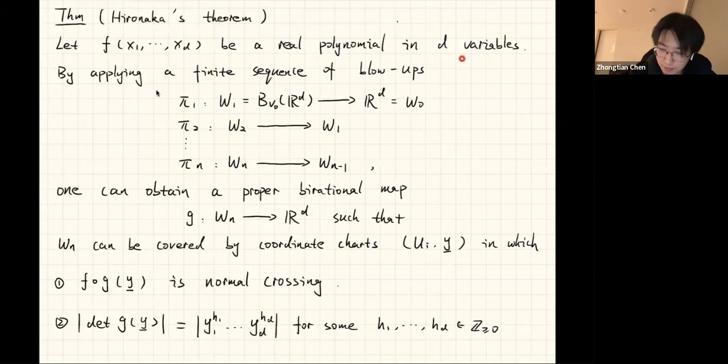Now it's time to introduce Hironaka's theorem, which is the resolution of singularities. Again, we take a polynomial in d variables. Then we can apply a finite sequence of blowups, and by doing so obtain a proper birational map g from W_n to the base space, such that the blow-up space can be covered by charts, and in each of these charts, f is a normal crossing polynomial, and the determinant of the Jacobian of g is given by a monomial.